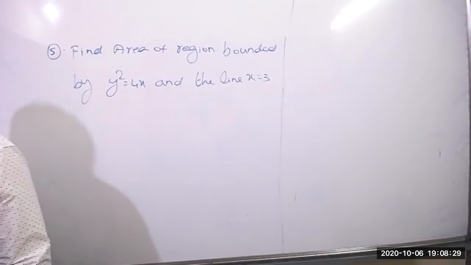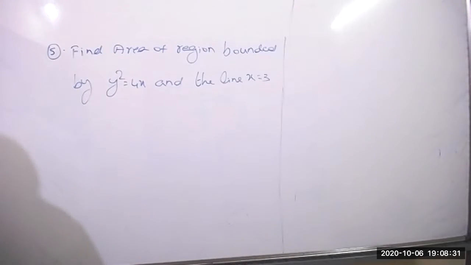Start now, all of you. First you can draw the diagram, it is more important. Y square equal to 4x means it is a parabola along the positive x axis.